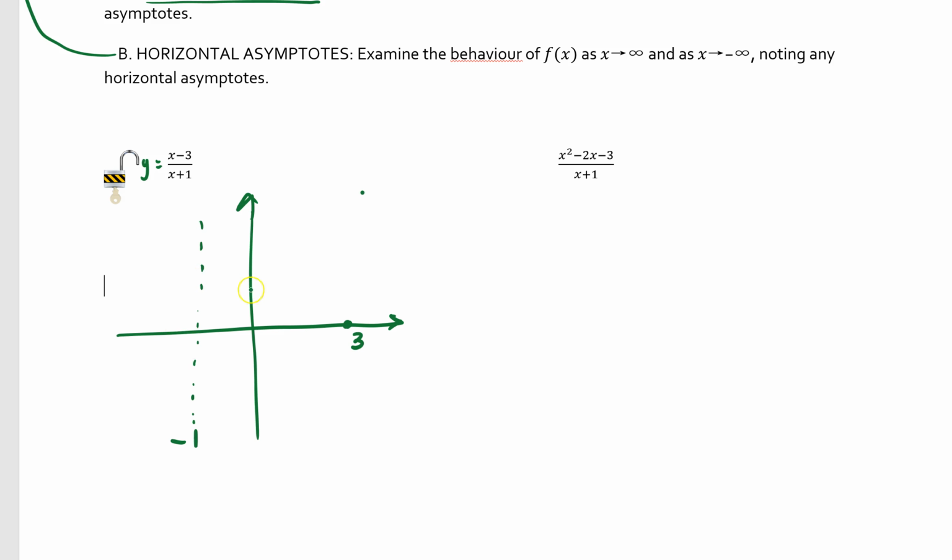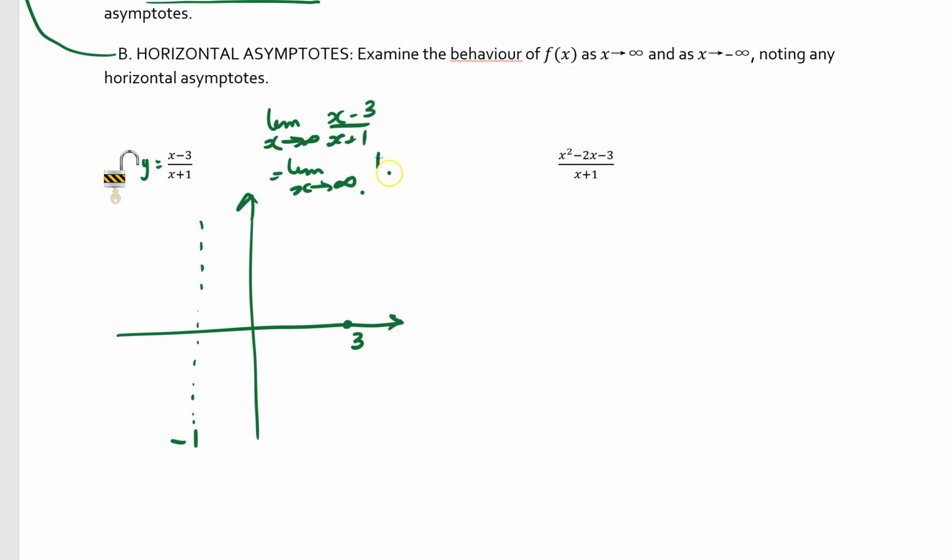You are probably guessing that we have something looking vaguely like a hyperbola here, and that's a good guess. So think about what happens as we now shoot off towards infinity. If we take the limit as x tends to plus infinity of (x - 3)/(x + 1), we know that that means we divide through by the highest power of x.